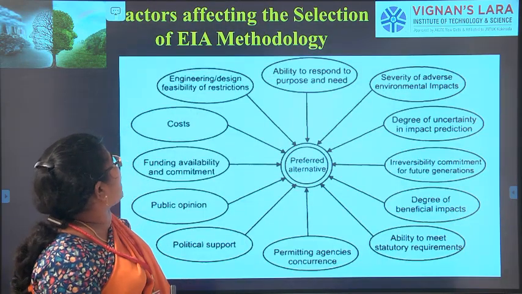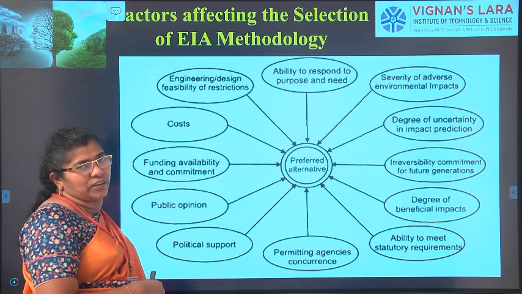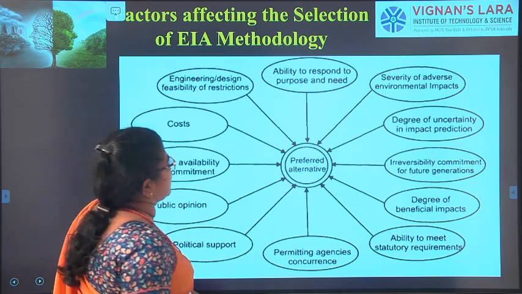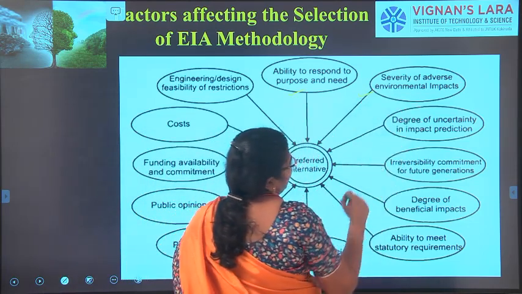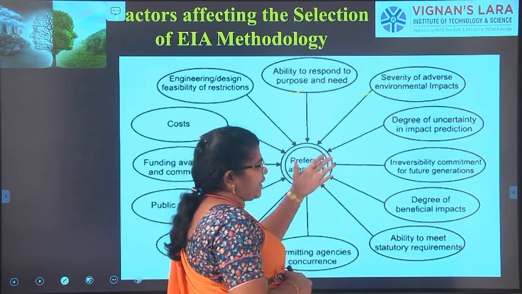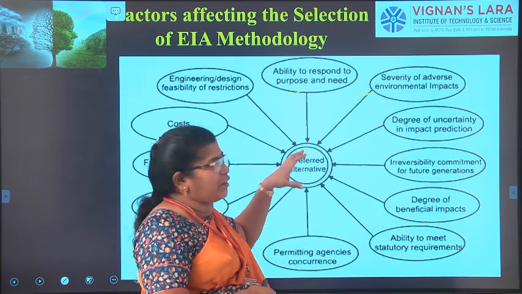So what are the factors that affect the selection of the EIA methodology? Ability to respond to need, severity of the adverse environmental impacts, and degree of uncertainty; I have given it in a combined form.